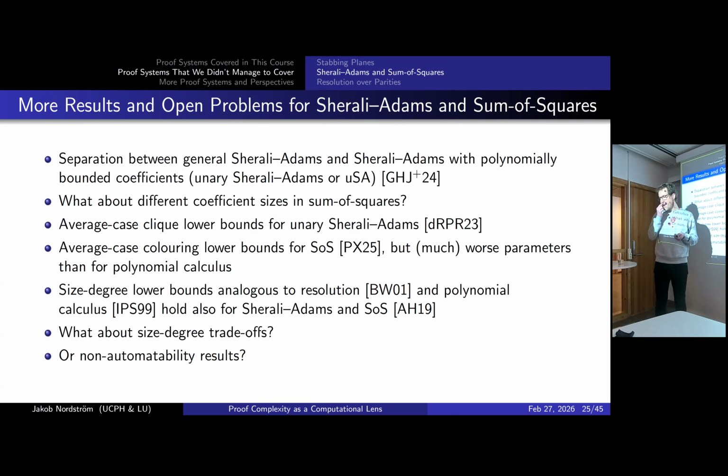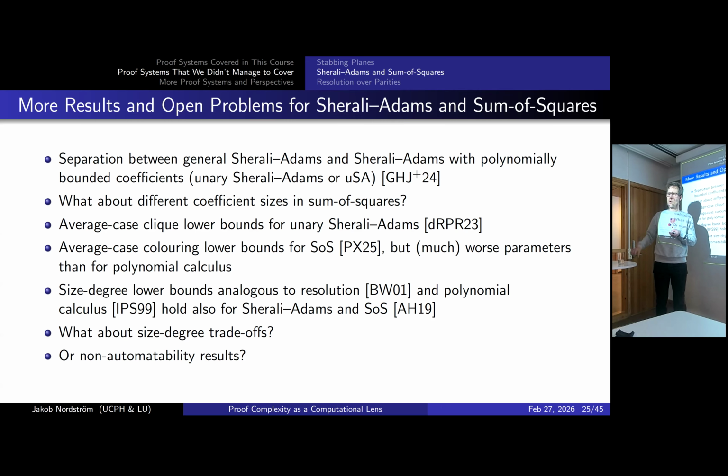Just as for resolution and polynomial calculus, we know that strong enough degree lower bounds imply size lower bounds. That's by Atserias and Hakoniemi. I don't think we know whether there are size-degree trade-offs, which we do know for resolution and for polynomial calculus. For both, we know that if there is a small proof, you can bring the degree or width down, but at the cost of exponentially blowing up the size.